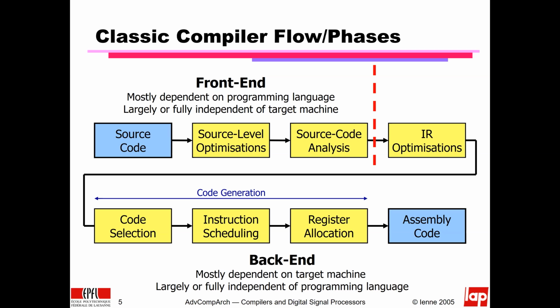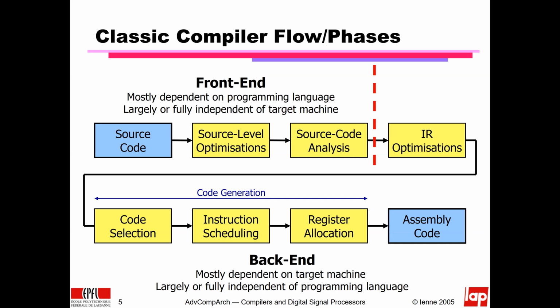From this moment on, we enter what people call the back end, which is the dual opposite of what we have seen before, in the sense that there is no dependence anymore from the source language, whether it was C, Fortran, or Scala, or Java.